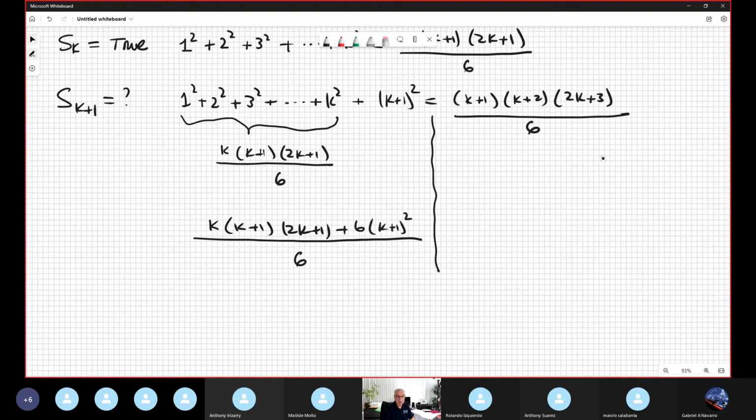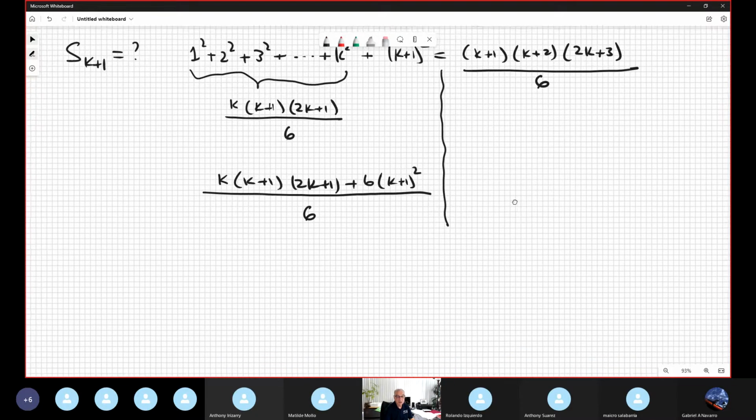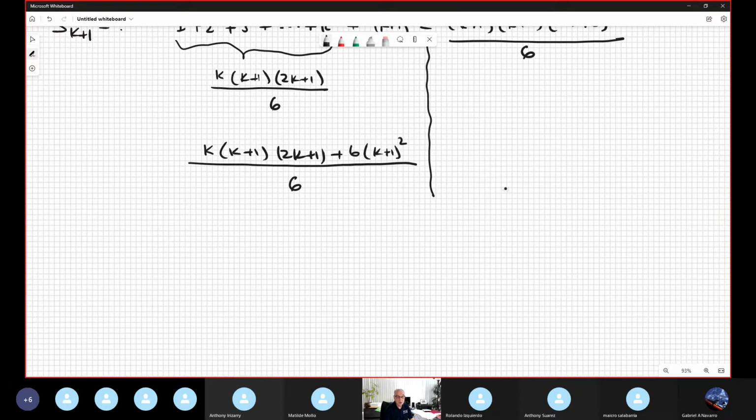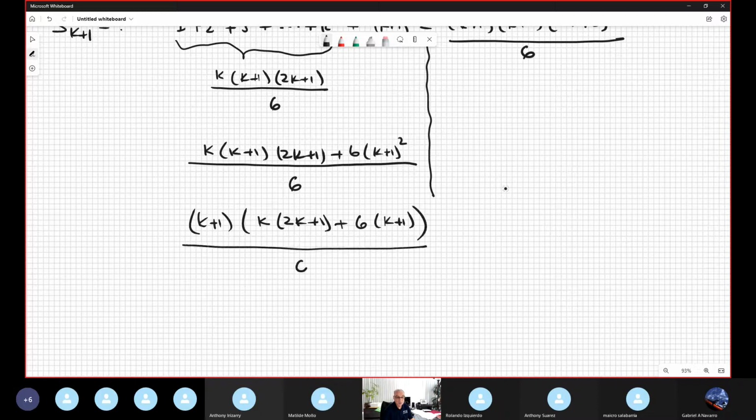Okay. So now I see that k plus 1 is a common factor. I factor out k plus 1. This is algebra. And we have k times 2k plus 1 plus 6 times k plus 1, divided by 6.